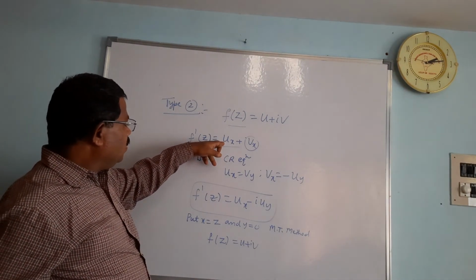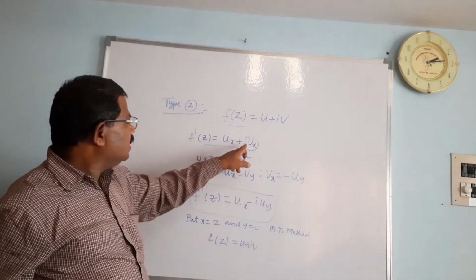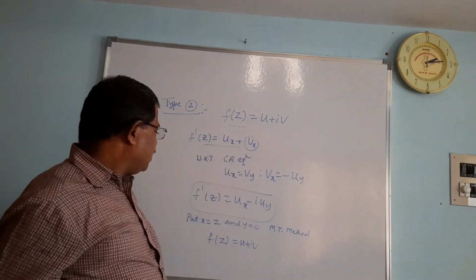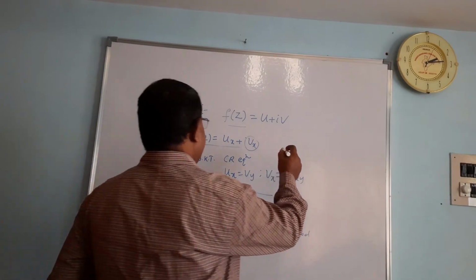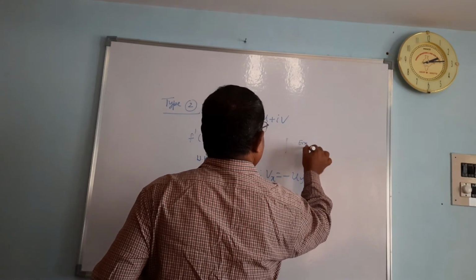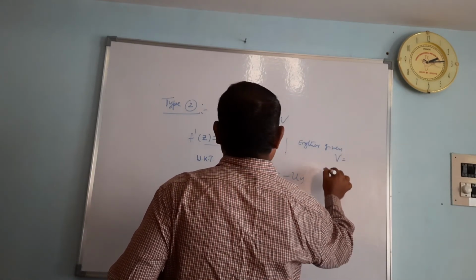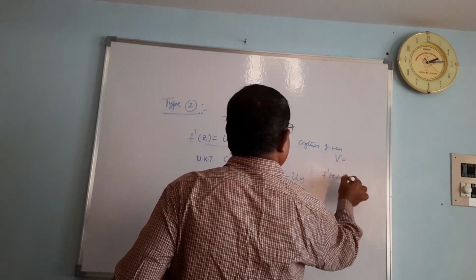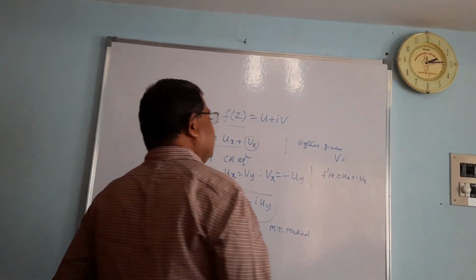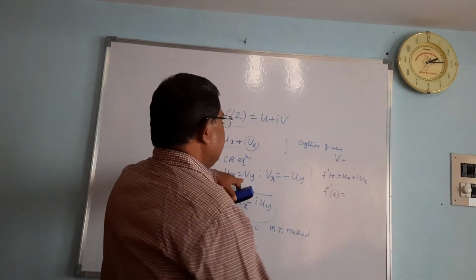Given real part u, change this formula: substitute vx as minus uy, so f dash z is ux minus i uy. Otherwise, given v, f dash z is ux plus i vx, where ux is vy.